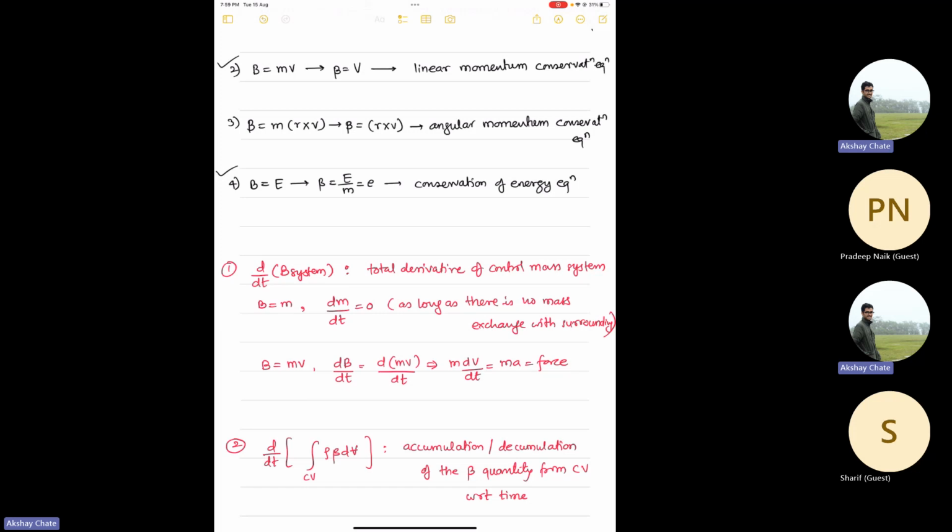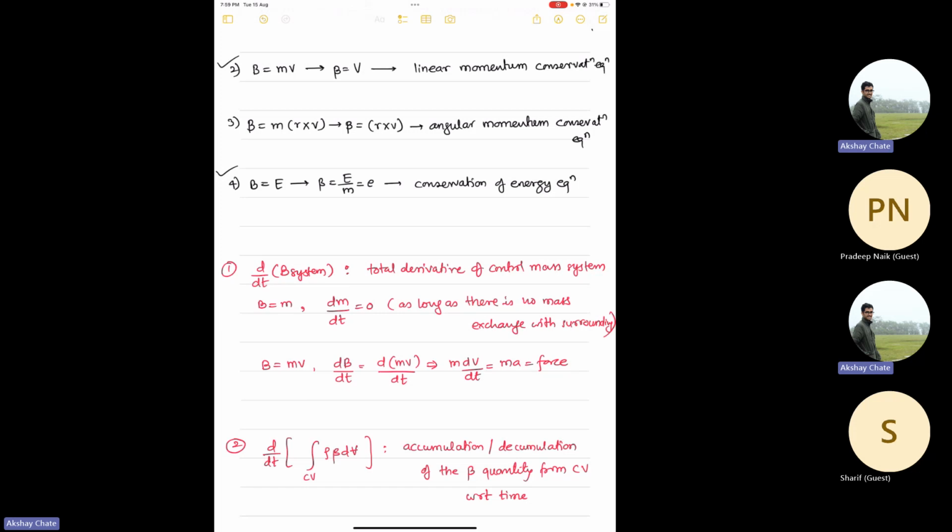Energy has different types. From total energy, if you exclude the thermal energy part, what remains is mostly called mechanical energy, and conservation of mechanical energy is nothing but the Bernoulli equation.